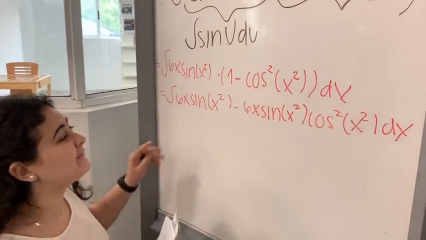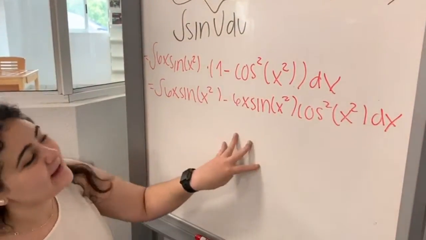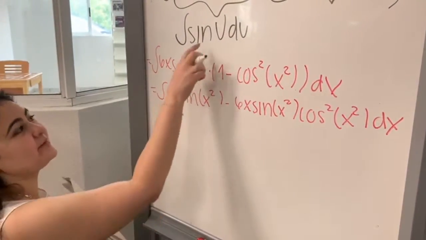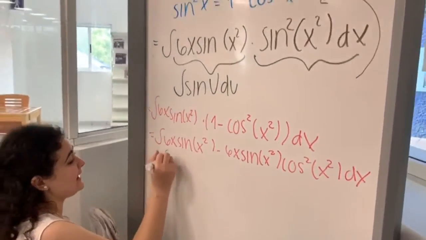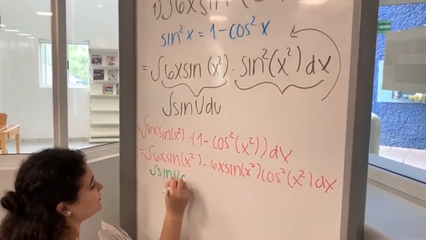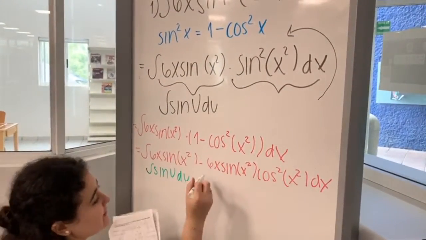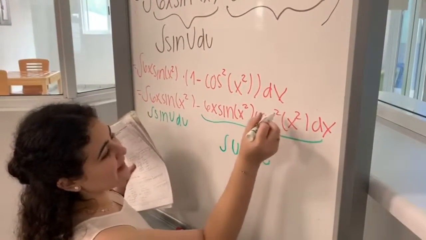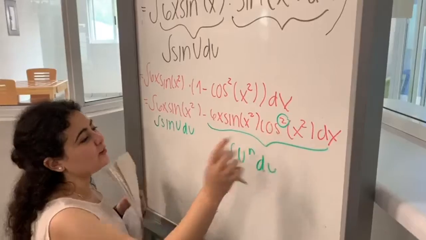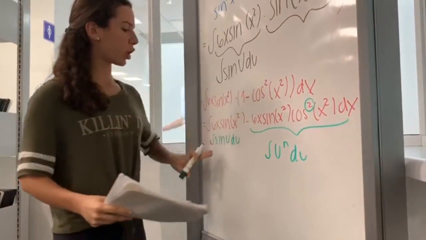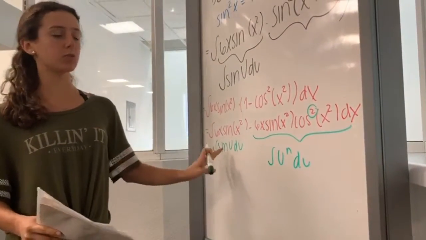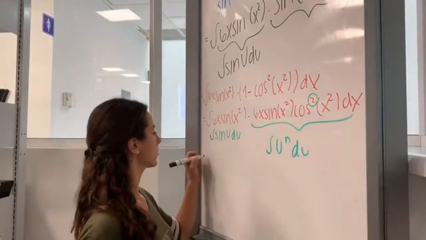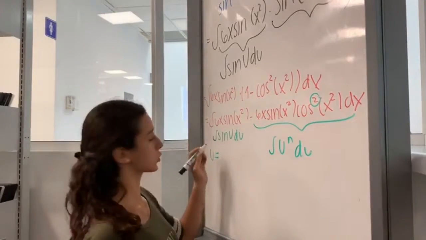Okay, so now you have already simplified as far as you can simplify, and like we established before, this is a sine u du, and this is a u and du type because we have our cosine squared over here. So in order to solve a sine u type problem, we first need to write down our u, which is x squared.